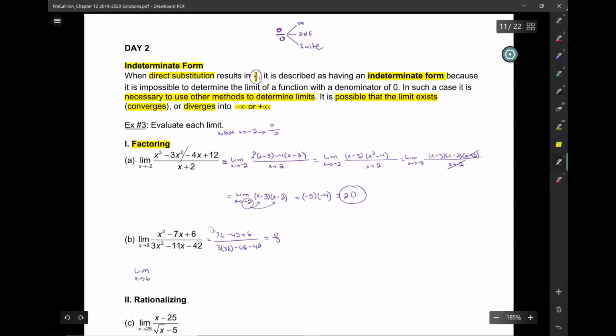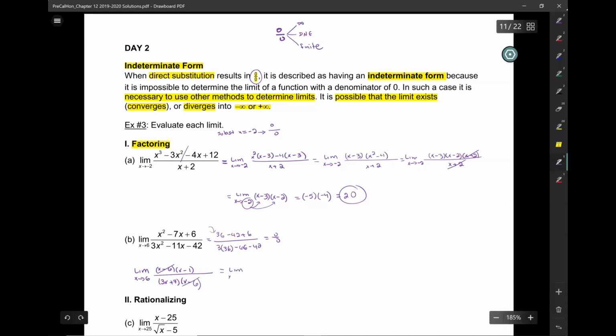No. Okay, I'm going to factor the numerator here. And I'm going to get (x minus 6)(x minus 1) divided by (3x plus 7)(x minus 6), sorry. Right? Now what happens? x minus 6 goes away, which looks pretty promising.